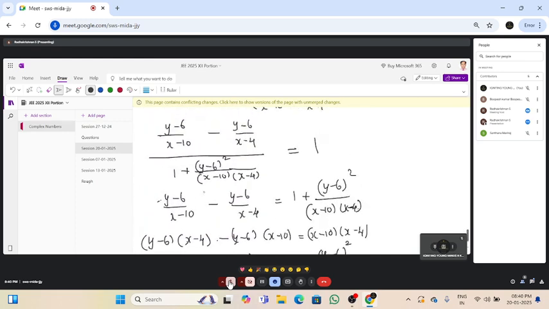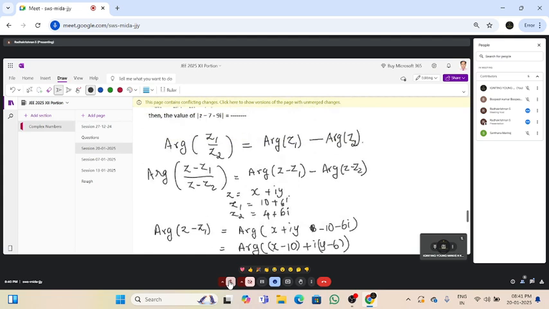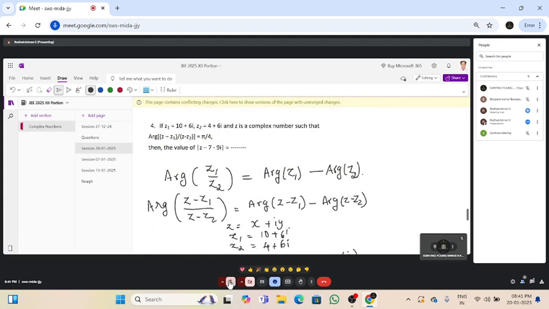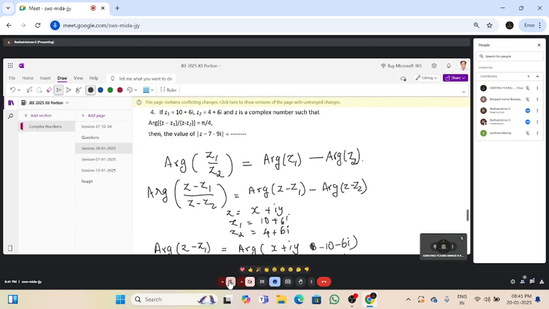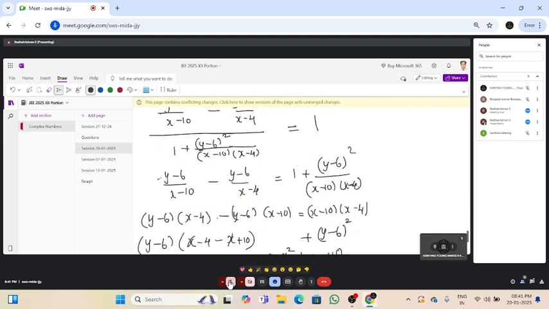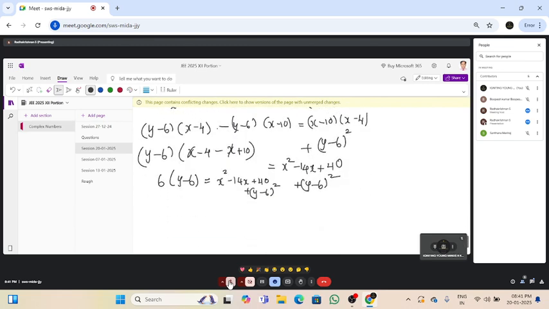What are they asking for? The value of |z − 7 − 9i|. So you can write it as x² − 14x + 40 + (y − 6)² − 6(y − 6) = 0.